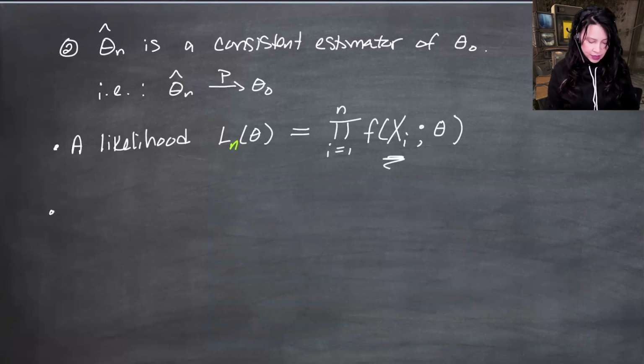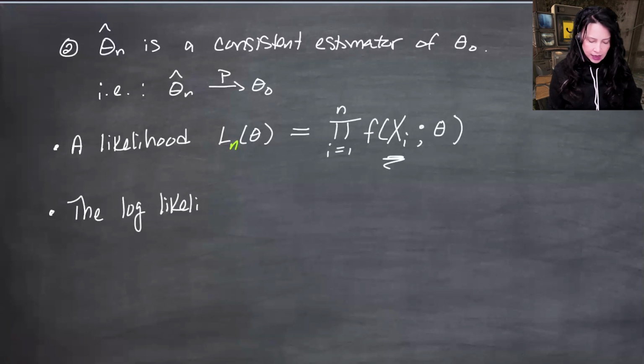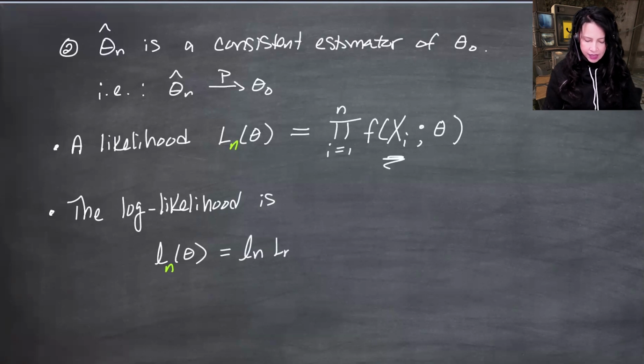Okay, so given this likelihood, and I haven't dropped any constants or multiplied by any constants, the log likelihood is, so I've been calling this curly script L of theta, and now I'm going to put an n subscript there. I'm going to try to be careful about how I write that, because that's going to come awfully close to looking like my natural log. But this is the log of the likelihood.